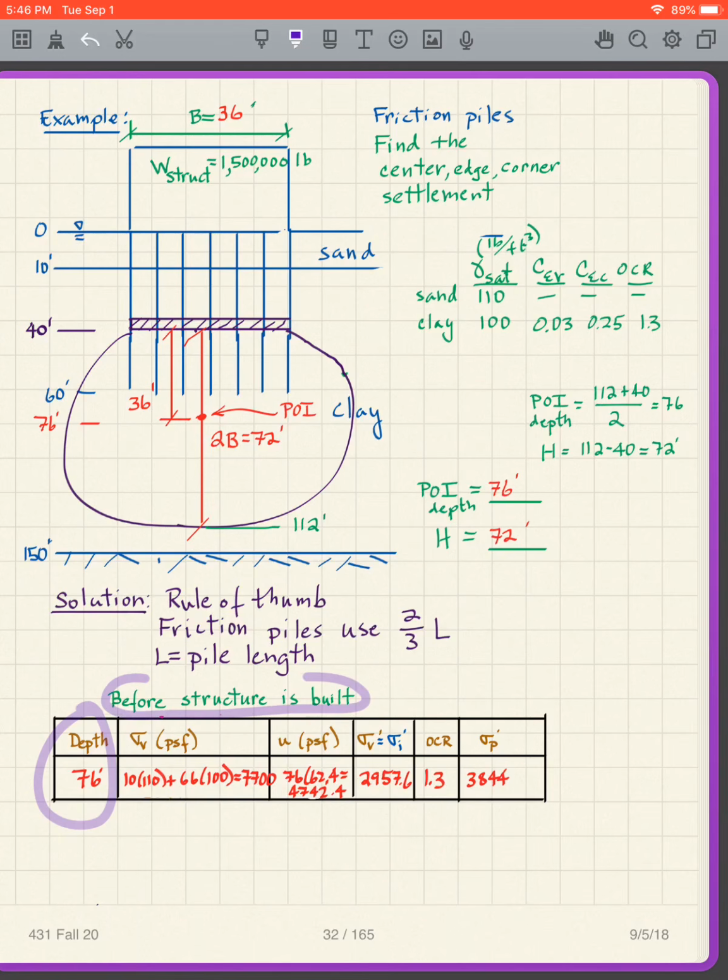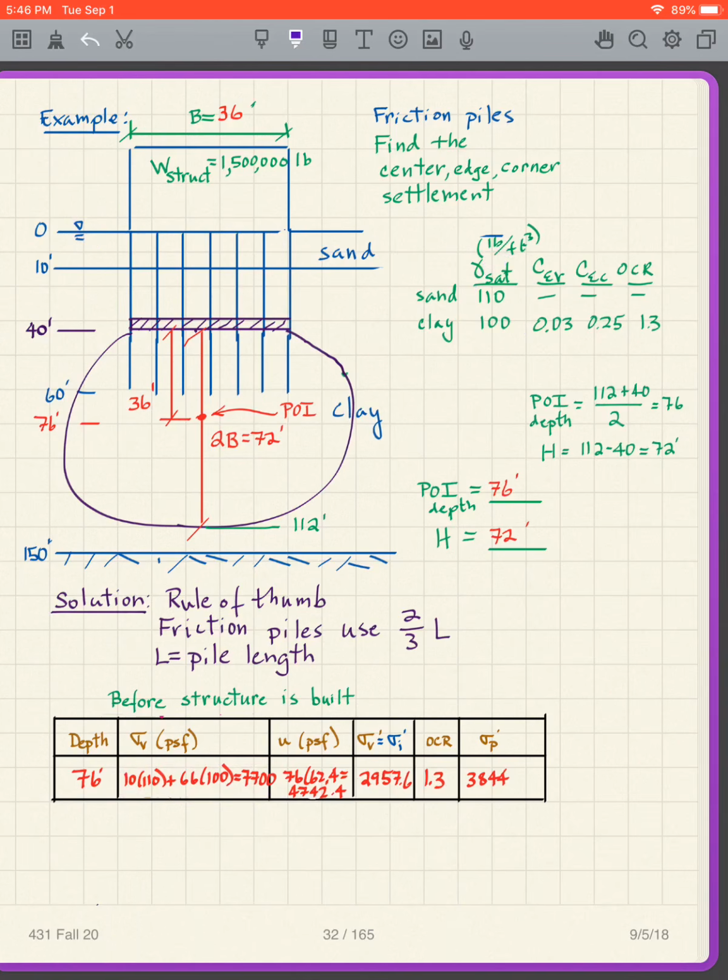So before the structure is built, we want to determine our sigma prime I and our sigma prime P. So envision that there's no structure there. If there's no structure there, then my sigma V is 10 times 110 plus 66 times 100, so we're just using our gamma saturated because our water table's at the ground surface.